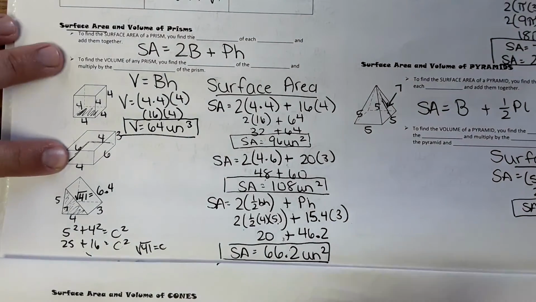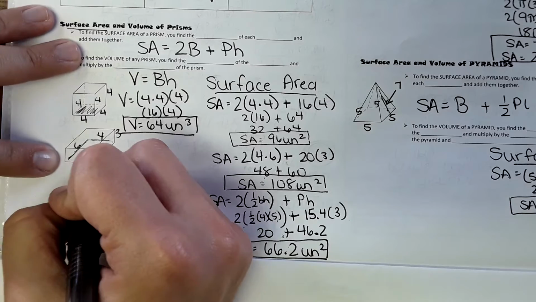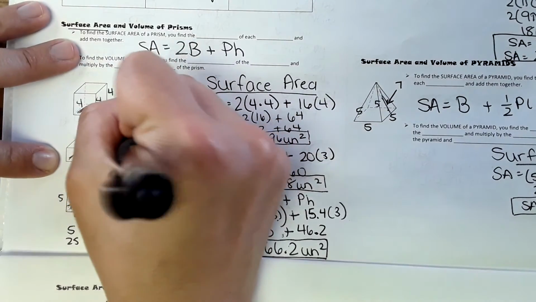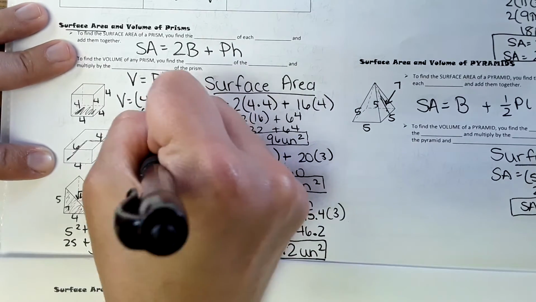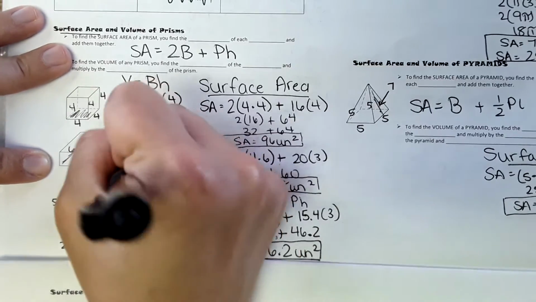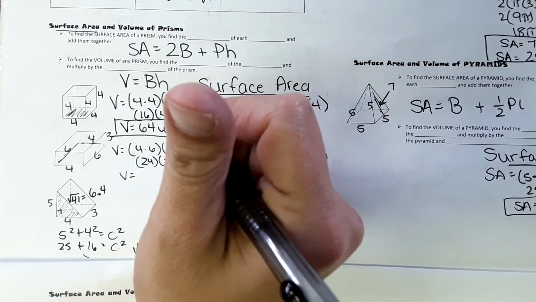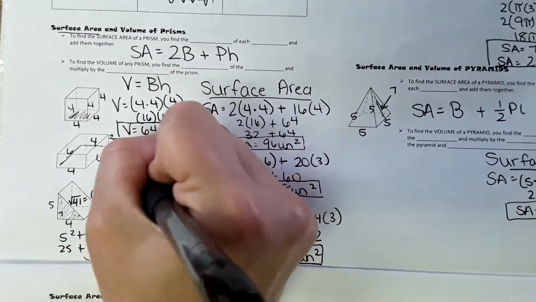Here, same idea. Now we're finding the area of the rectangle, multiplying by the height. So volume equals 4 times 6, multiplying by the height. 24 times 3 comes out to 72.